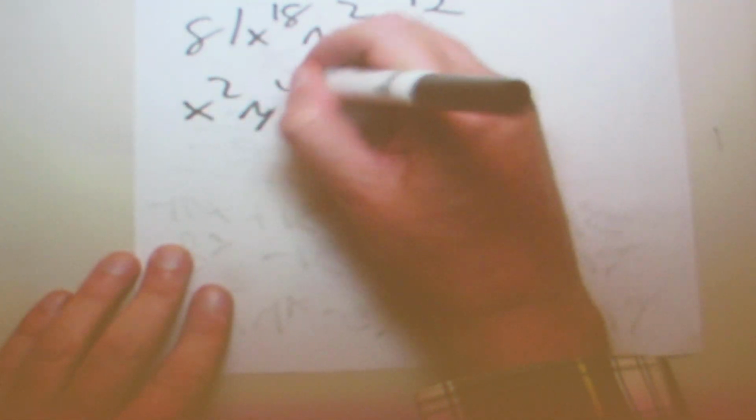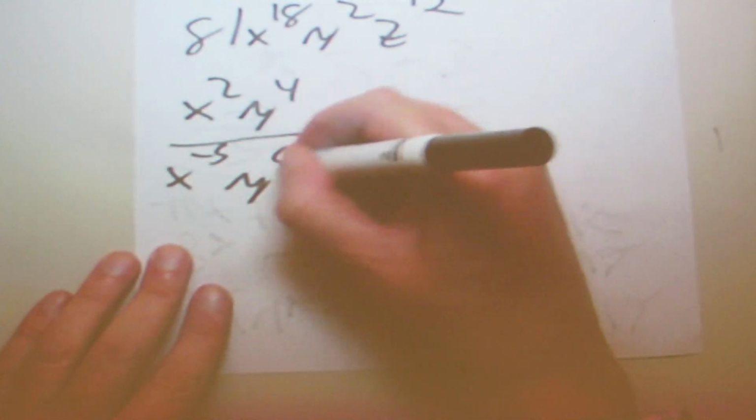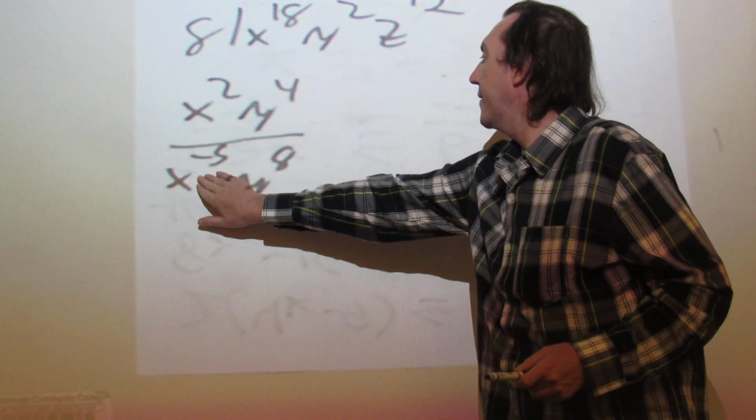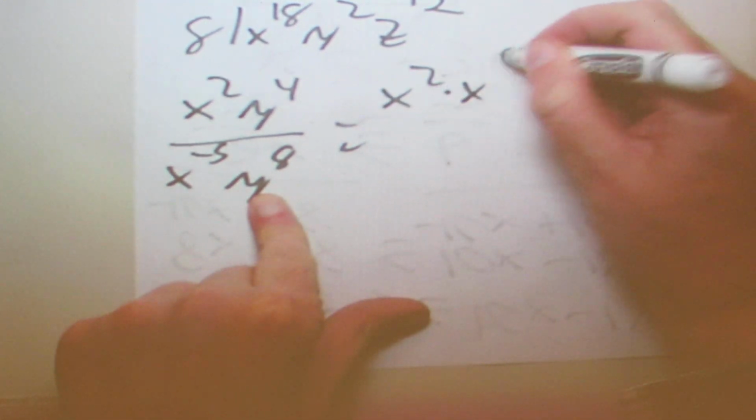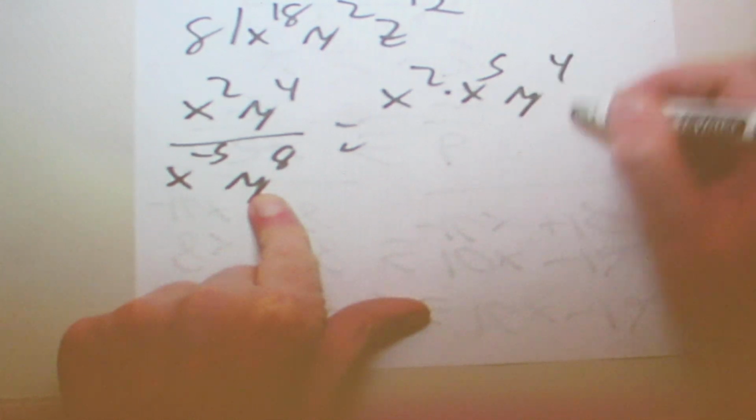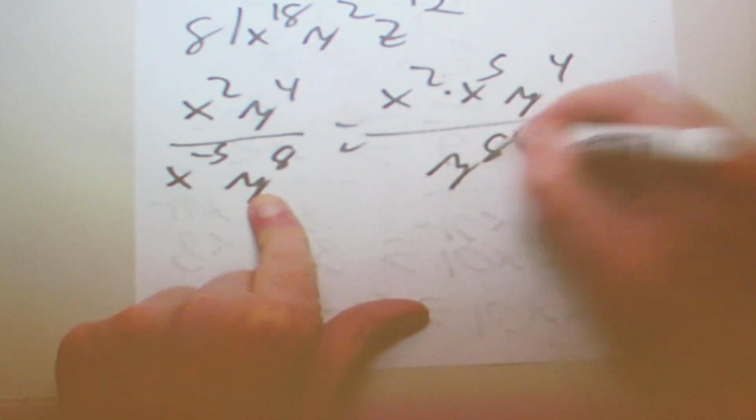Then, let's say we have x squared, y to the 4 over x to the negative 5, y to the 8. To make this easy, move everything so that the exponents are going to be positive, and then work with it from there. So we're going to move the x to the negative 5 to the top. This will become x squared times x to the 5 times y to the 4 over y to the 8.